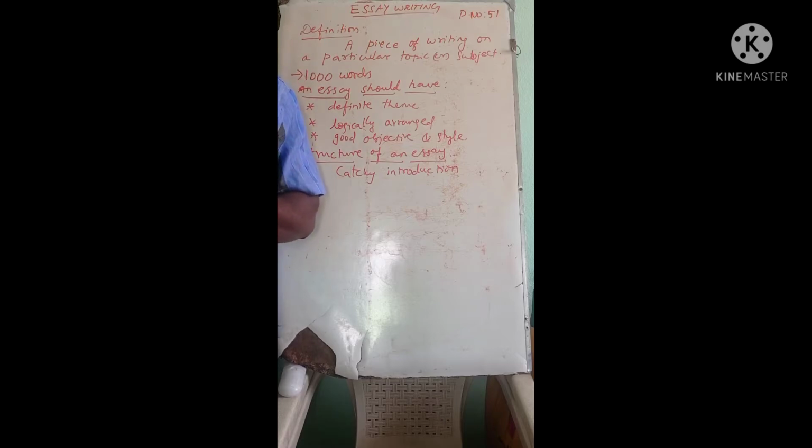So you have to use catchy words in your introduction, so that the readers can notice your topic. Next, in the introduction itself you have to give a clear idea of your subject, so that the readers can get an idea of what they are going to read. Clear? So you should give a catchy introduction.